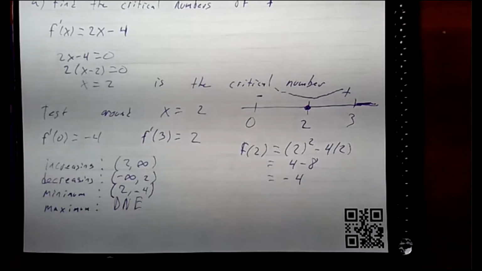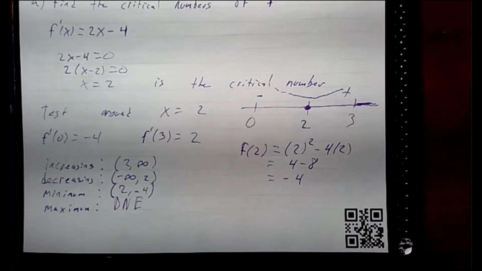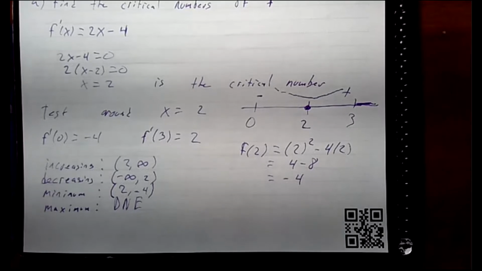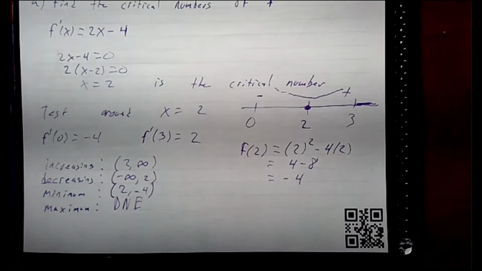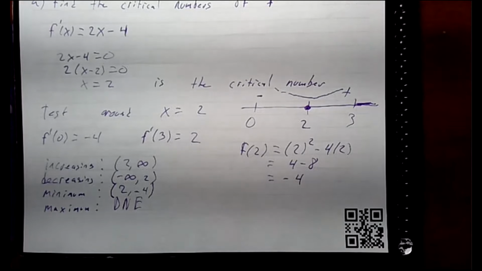Okay, if you have a function that has multiple critical numbers, it'll be the exact same process, but you'll have to do tests between critical numbers, after and before. So you'll have multiple minimums or maximums. You guys cool on this page?